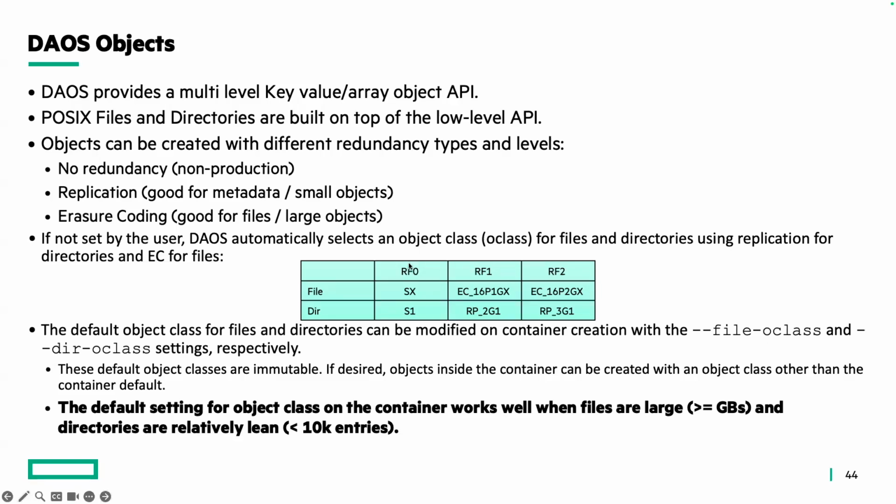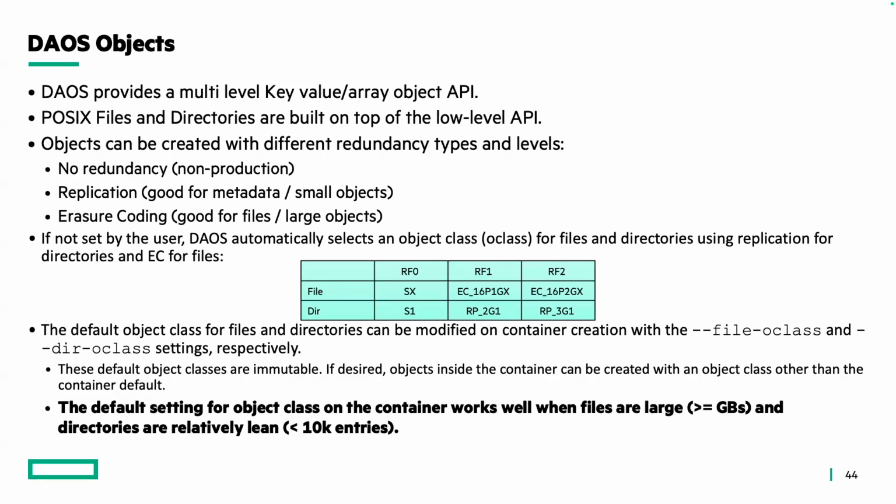We can avoid looking at the first two columns here and just look at RF2, which is what we recommend. RF2 is what you set on your container, the RF of 2. For files, it will use a 16 data 2 parity widely striped layout. That's what X stands for, widely striped. For directories, we use a 3-way replication scheme with just a single stripe.